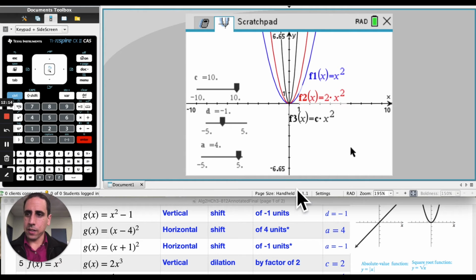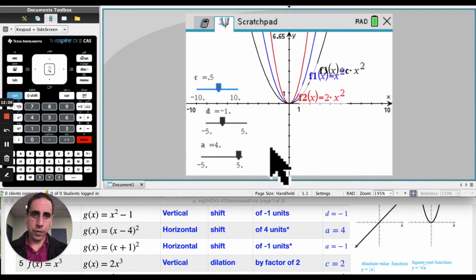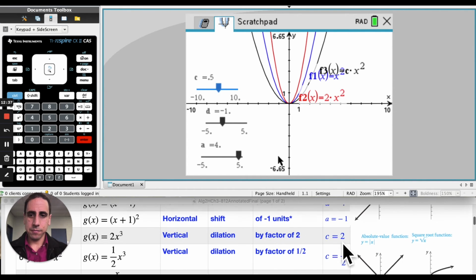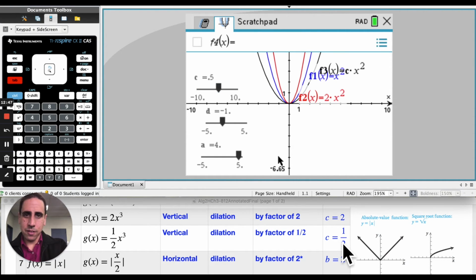And now we're going to let c equal 1/2, the c value. You can even type it in, 1 divided by 2. The c value is 1/2, 0.5, and you can see that the vertical dilation is going to be by factor of 1/2.